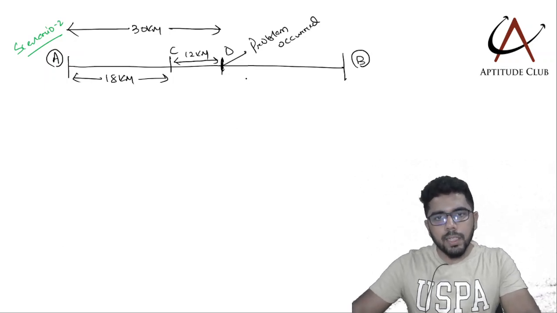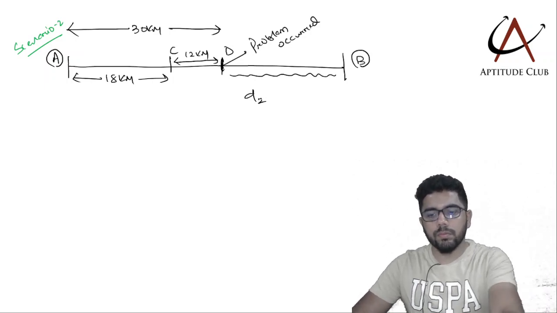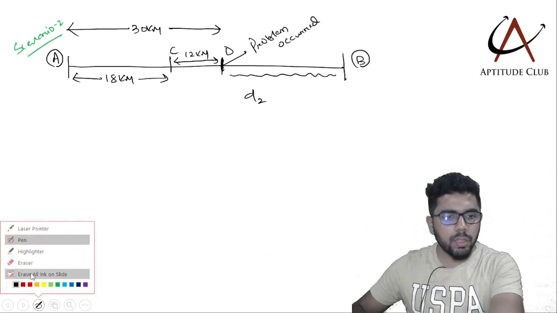Now again, I'll take, let us say, this distance. Let this be D2. Or let me take D2, I have already taken. So let me take it as D3.